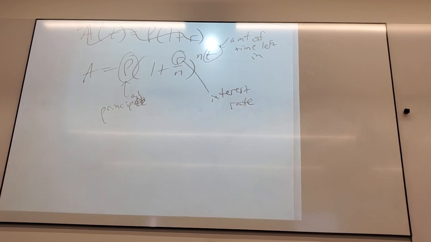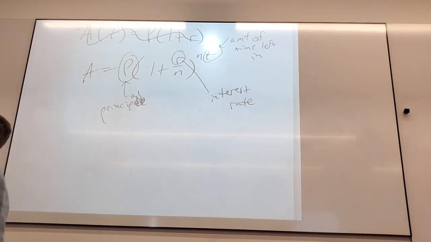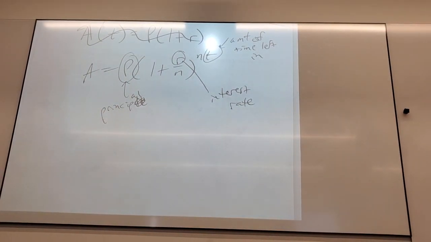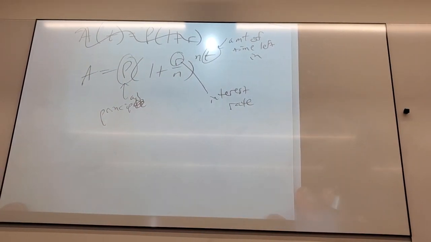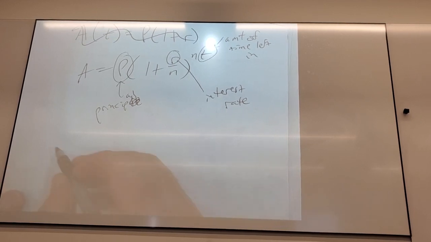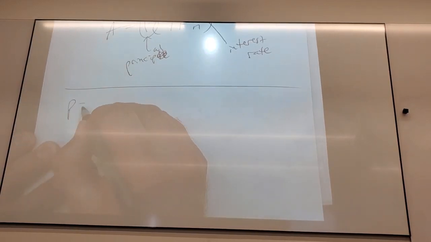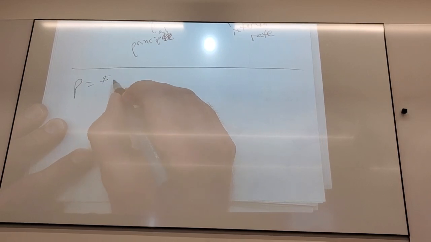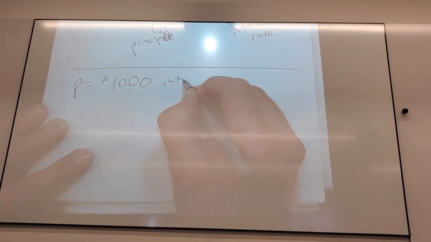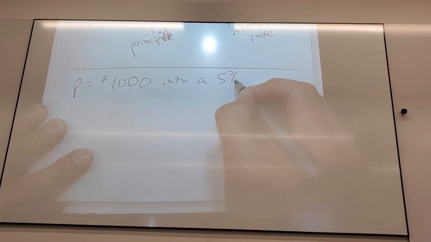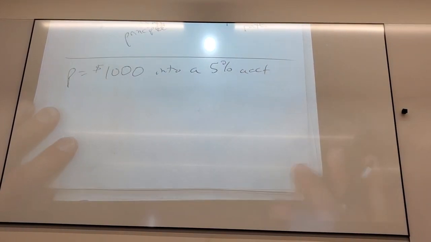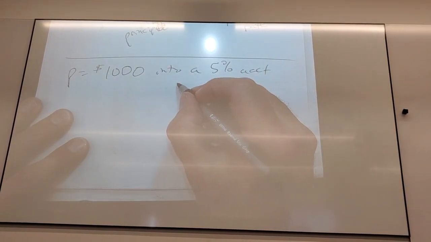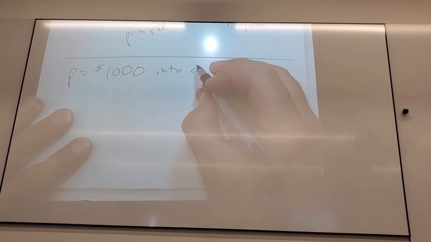N is the weird one. So let me ask you this. Let's do one concrete example of what's happening here, just so I can explain what N is. Let's say I put $1,000 into a 5% account. Let me just use normal English for a minute.